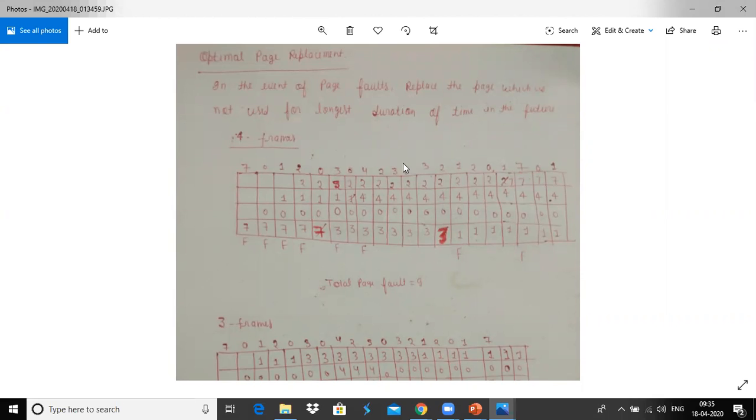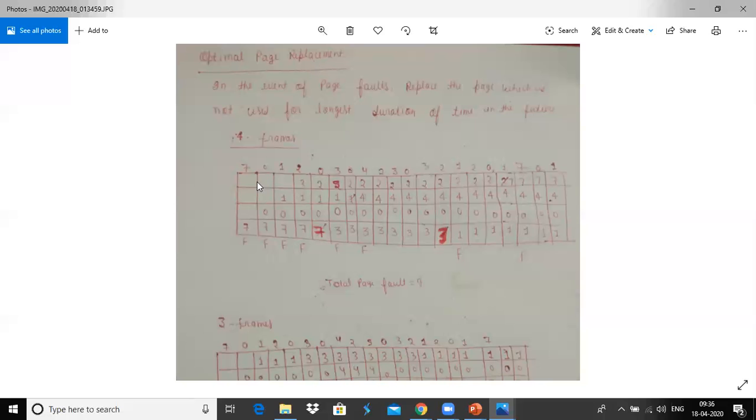If a page fault occurs, then in the optimal page replacement algorithm, you will replace the page in the physical memory which is not used for the longest duration of time in the future. Suppose we take one example and apply the optimal page replacement algorithm on the given example.